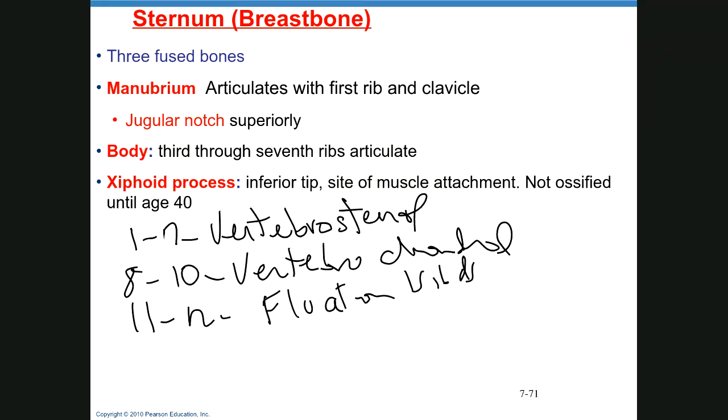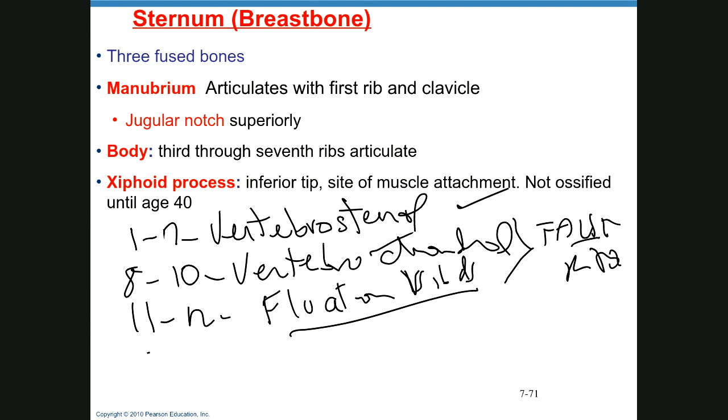So these two right here are also called false ribs. Okay, so you should know the first 7 are vertebrosternal or true ribs, 8, 9, and 10 are vertebrochondral or false ribs, 11 and 12 floating ribs or also called false ribs.